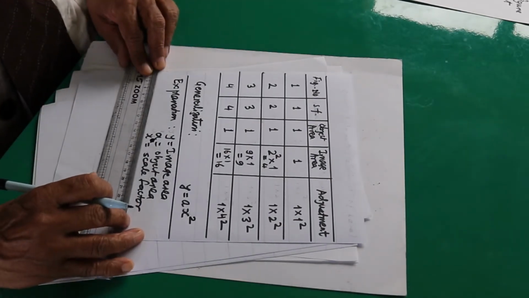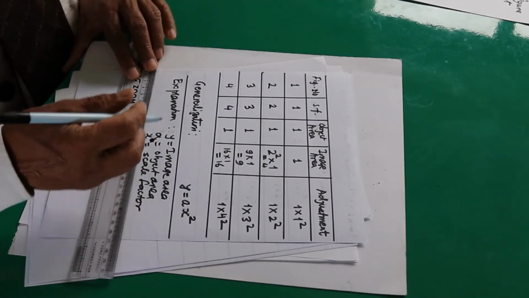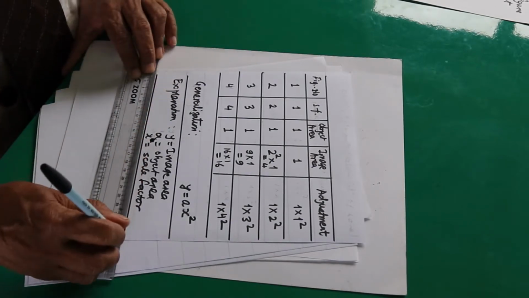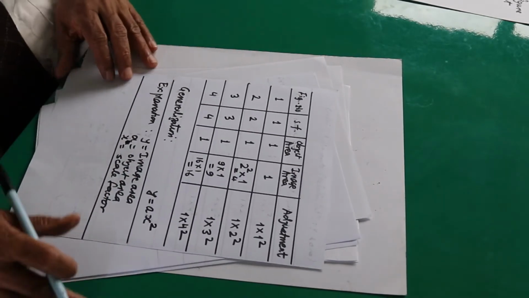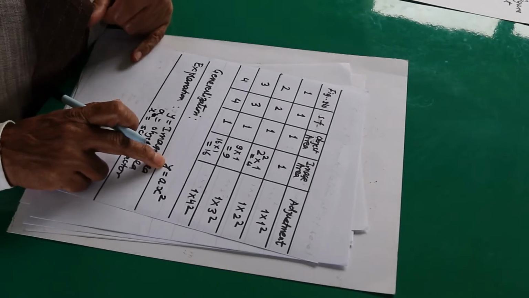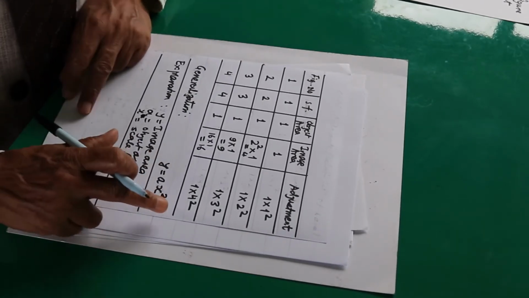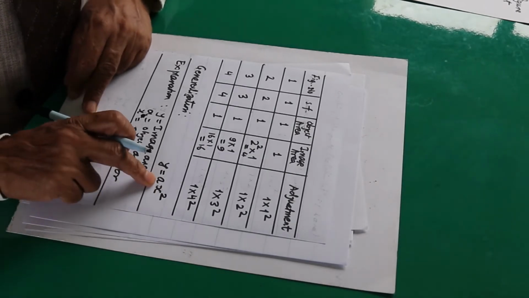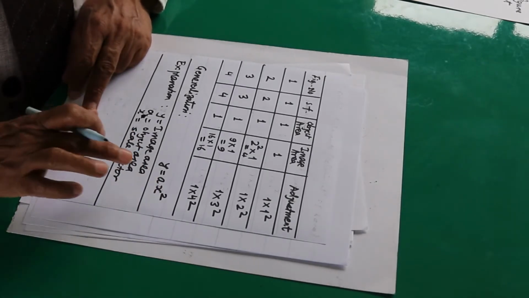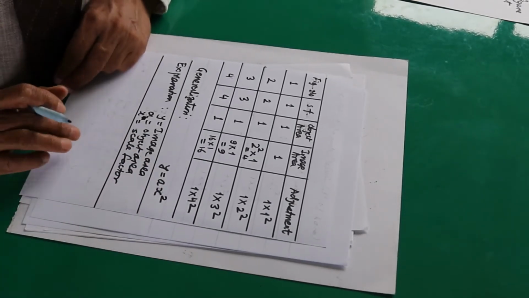What is the generalization? The area of the image is the square of the scale factor multiplied by the object area.